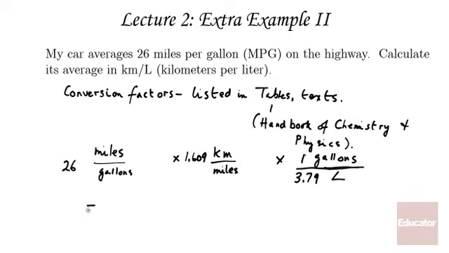So, given this conversion, we can carry out the arithmetic very simply, and we get to 2 significant digits that this car that averages 26 miles per gallon averages 11 kilometers per liter. Again, only 2 significant figures are justified because 26 has only 2 significant figures, even though our conversion factors are better than that.